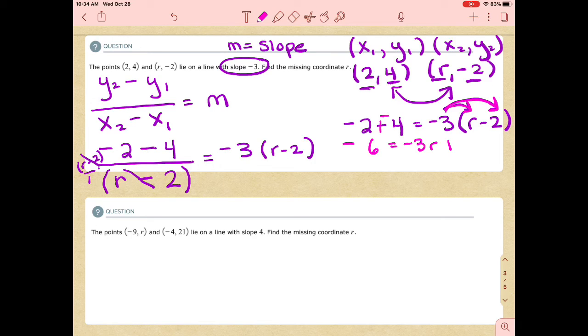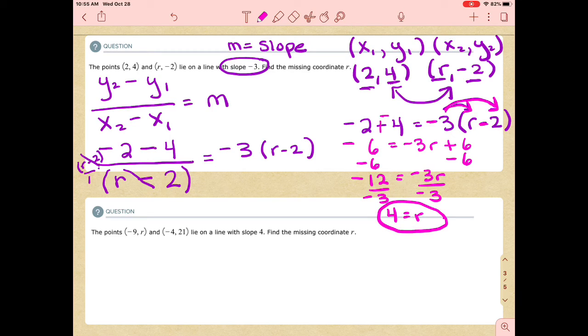So I'm going to have +6 because I have a negative times a negative. And now I'm solving to get r by itself. So I'm going to subtract 6. So I have -12 equals -3r, divide by -3, and get 4 equals r. So I have found out what r is.